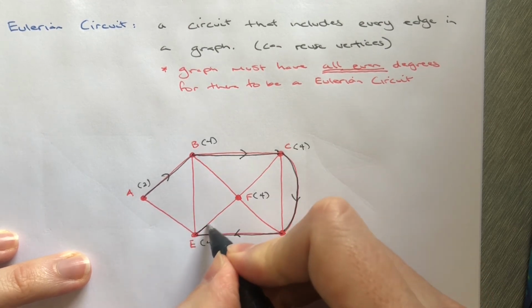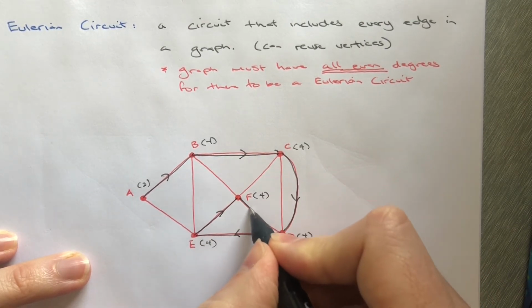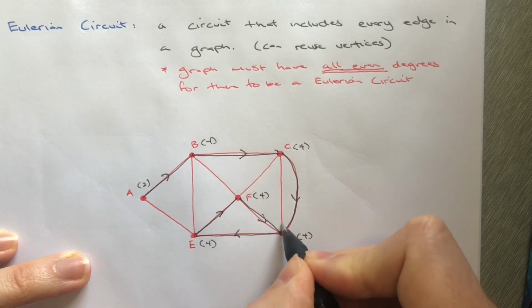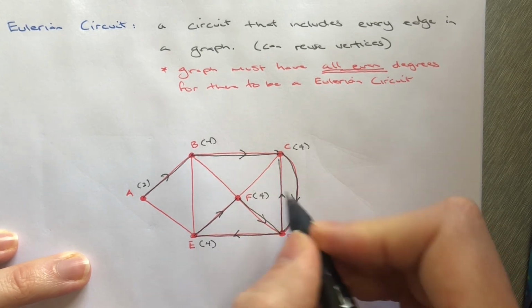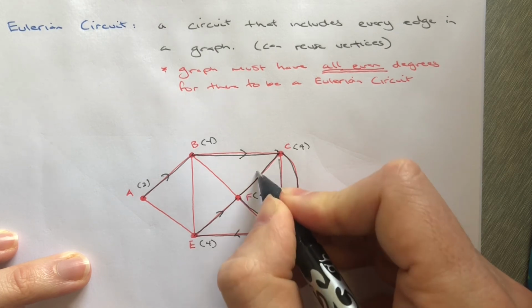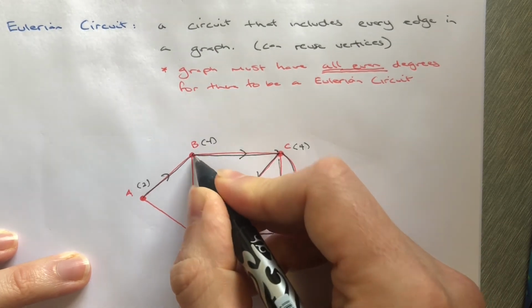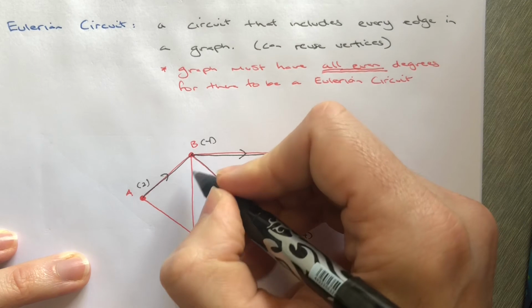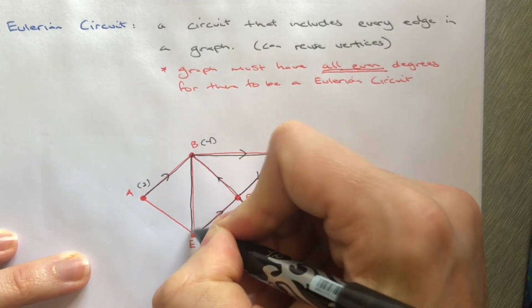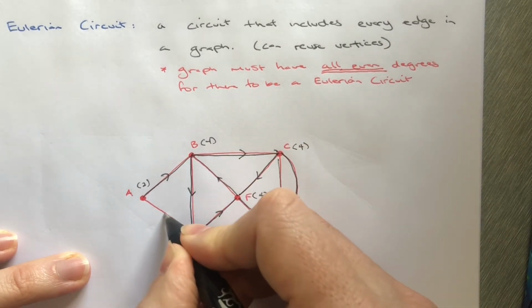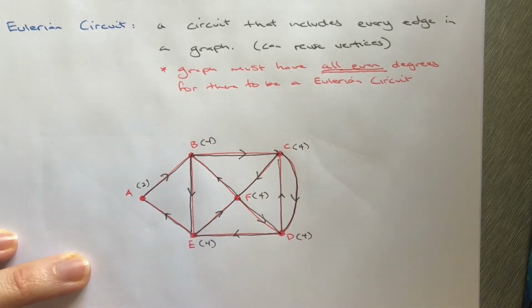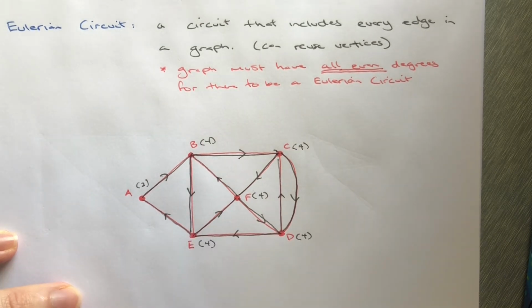So I might go over to the middle here. Okay, now I've used those edges. Back up here. You might notice that I'm reusing vertices. It does not matter as long as I touch all the edges and then finish off just there. So there we go. That was a Eulerian circuit because I've used every single one of those edges.